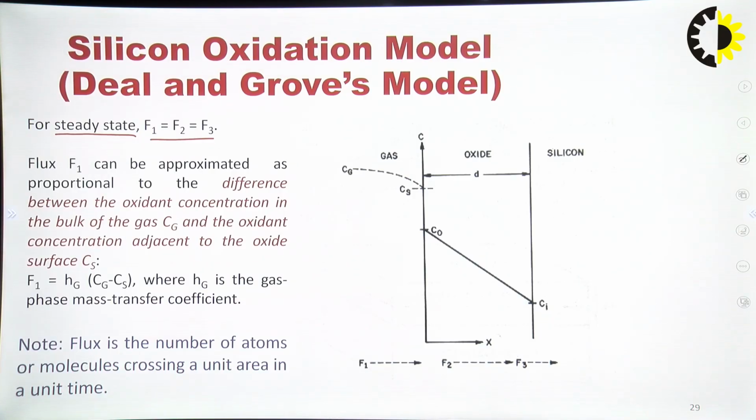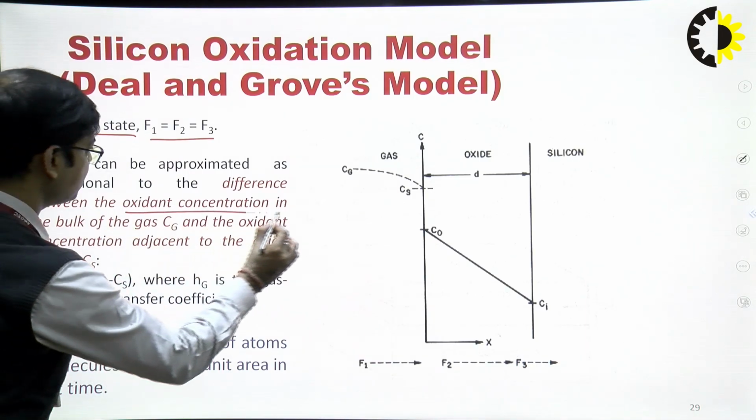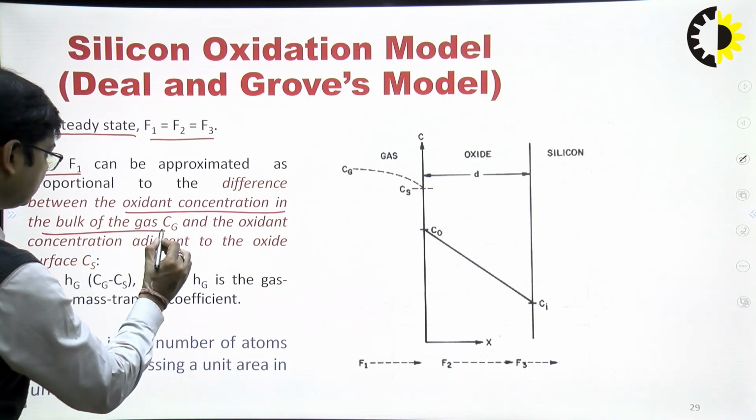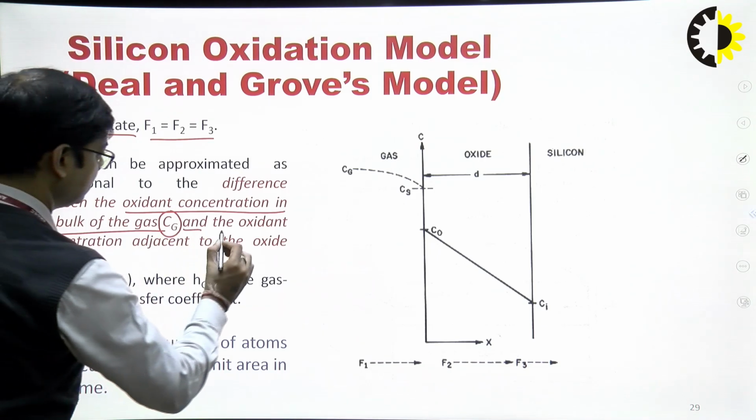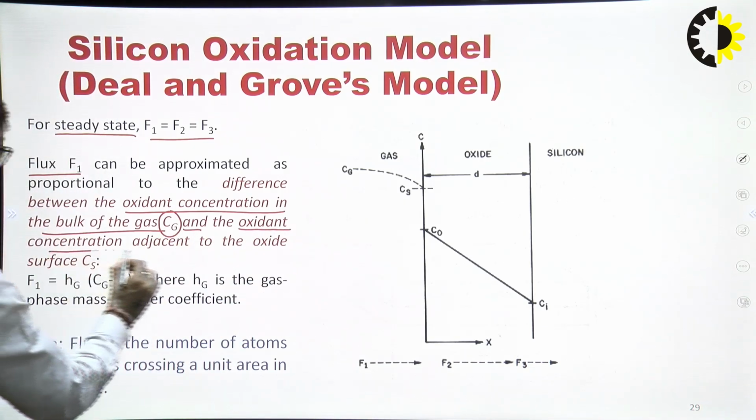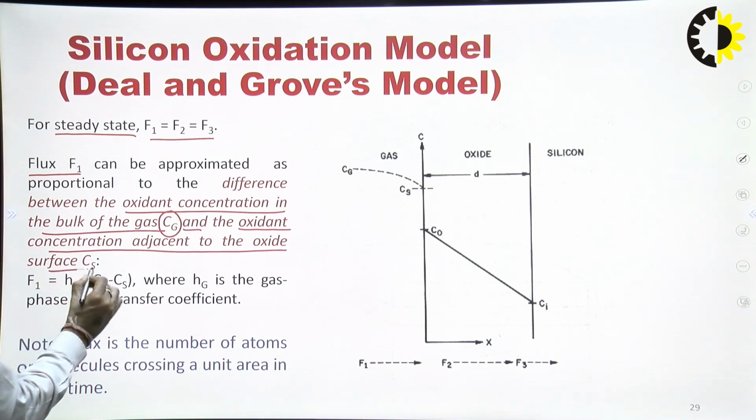Now the flux F1 can be approximated as proportional to the difference between the oxidant concentration in the bulk of the gas, that is Cg, and the oxidant concentration adjacent to the oxide surface, Cs.